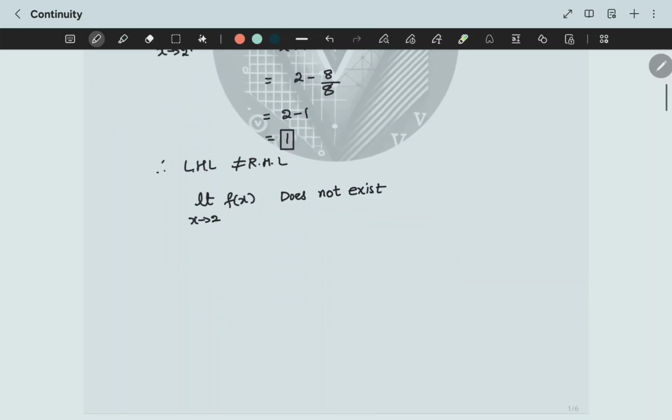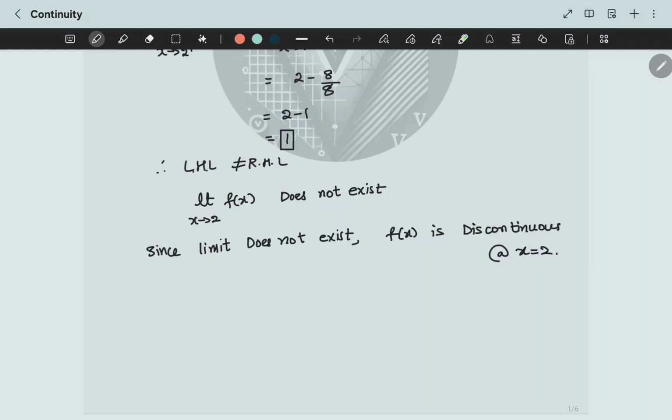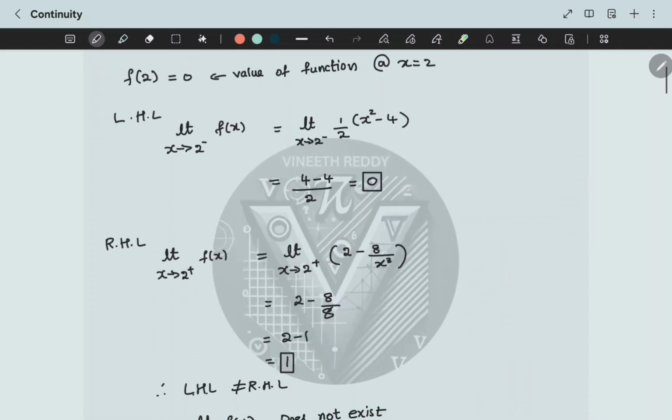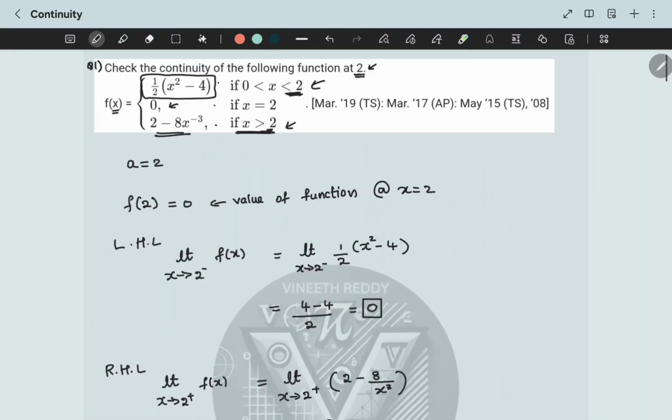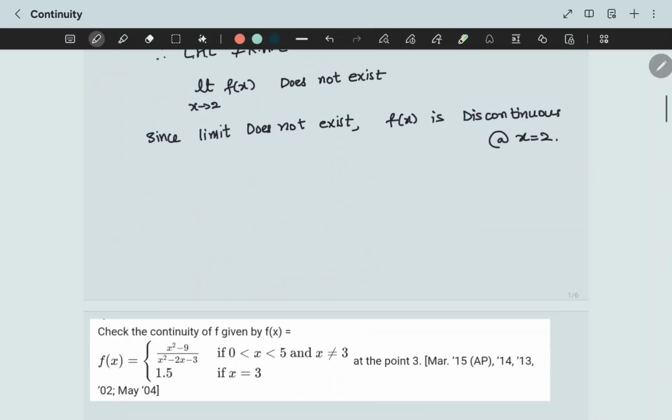So we can say, since limit does not exist, f of x is discontinuous at x equals 2. At x equals 2, f of x is discontinuous. I hope you understood this. Is it clear? Yes. Now let us go to the next question.